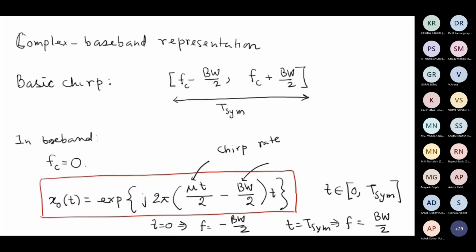This chirp is also called the symbol 0, because each chirp represents one symbol. We are talking about the symbol 0, which represents the all 0 symbol. Since we have called the basic chirp x0(t), let us write all M symbols as x0(t), x1(t), all the way up till x(M minus 1)(t).